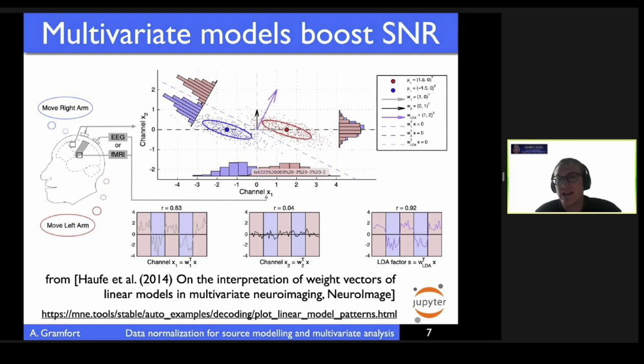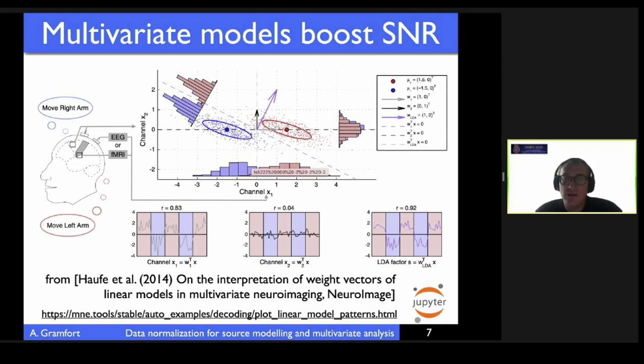It will work slightly better if you look at channel X1, but actually what you should do, and what is done by techniques like linear discriminant analysis, is find a way to linearly combine your sensors in order to find this oblique line that maximally separates your blue dots from the red dots. So this is really what is illustrated here.